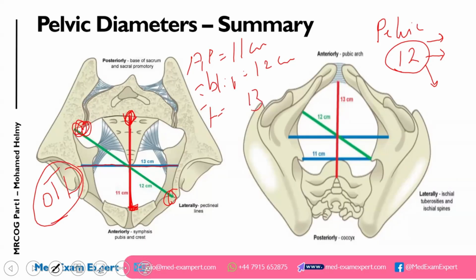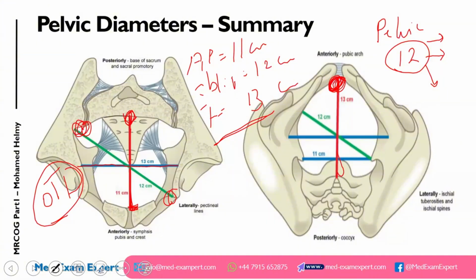So to remember them, anteroposterior 11, oblique 12, transverse 13 centimeter. 11, 12, 13. If we look at the outlet, this is the outlet. Now I'm looking at the pelvis from below. Okay, we have anteroposterior from the lower border of the symphysis pubis to the tip of the sacrum.